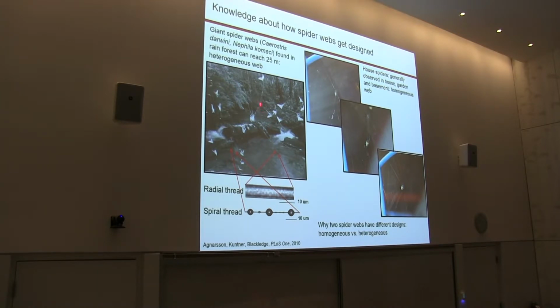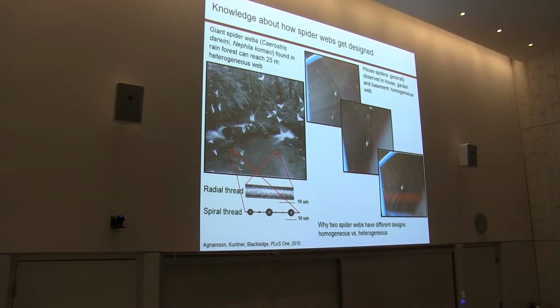From this picture, you can only see those radial threads, but it's very difficult to see the spiral thread. Actually, the radial threads for those webs are much thicker than the spiral threads. But you can also go to your basement or garden to find those house spiders.